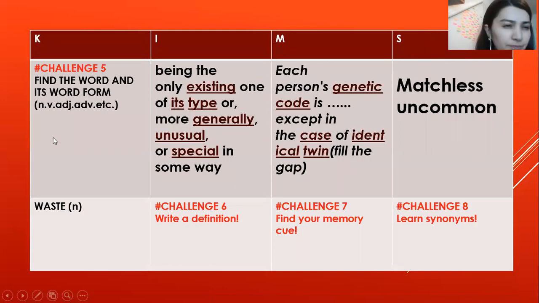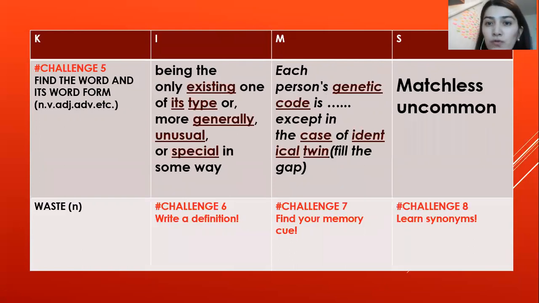Next word, let's see, we have a challenge. Challenge number 5. I haven't given the word itself. How can you find it? Please pay attention to the information: being the only existing one of its type, or more generally unusual or special in some way. And I provide one sentence. Each person's genetic code, biology, is blank, except in the case of identical twins.